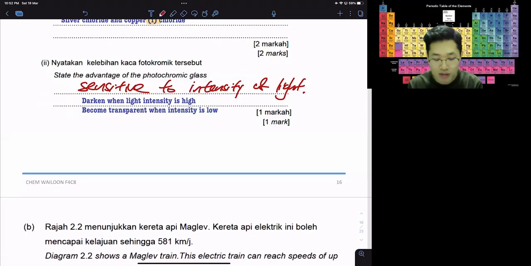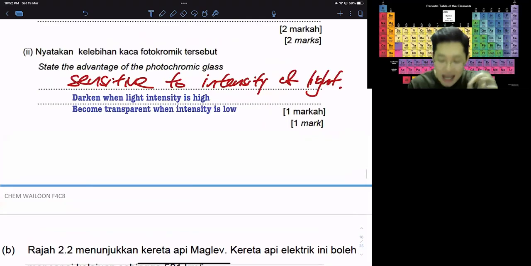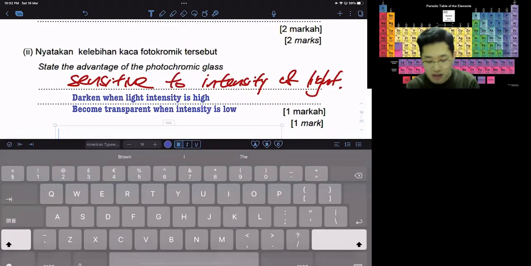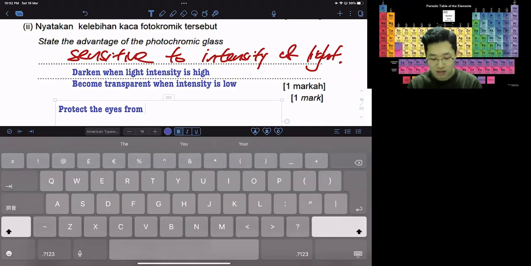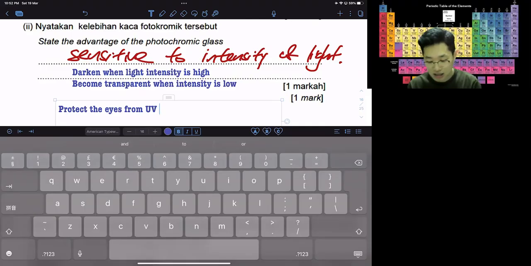And then one thing you can also write is this spec can protect the eyes from, what do you call it? UV ray. Okay, UV ray.